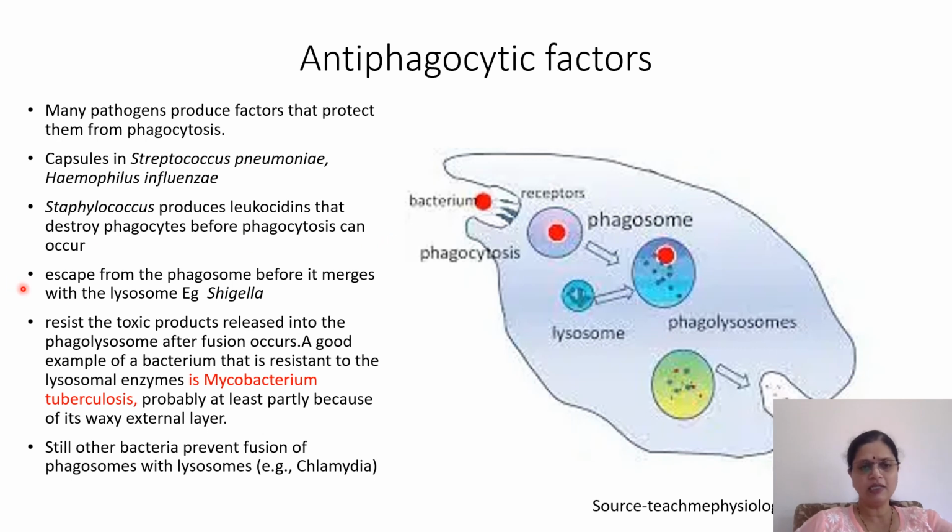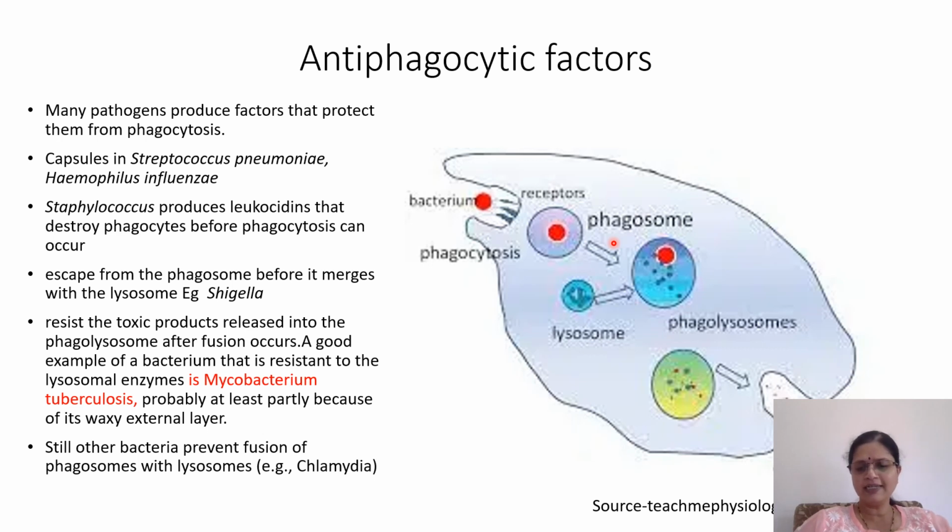Third way is, some organisms, some pathogens like Shigella, they escape from the phagosome before it merges with the lysosome. As I said, second step alli phagosome lysosome jotege fuse ಆಗಬೇಕು, ಸೇರಬೇಕು. So before this fusion takes place, Shigella, which has been engulfed by the phagocytic cell, will be escaping from the phagosome. ಅದಕ್ಕೆ ಅದರದೇ ಆದ mechanism ಇದೆ, how it escapes from the phagosome ಅಂತ.